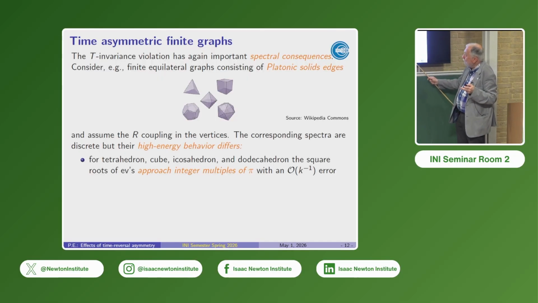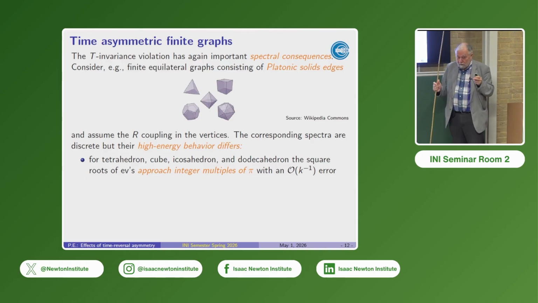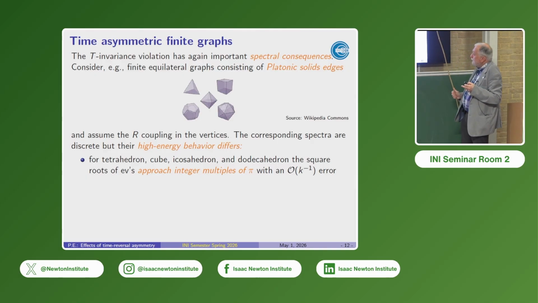Namely, for these four, the square roots of the eigenvalues asymptotically approach integer multiples of pi, which is understandable because the vertex degrees are 3, 3, and 5, odd numbers.